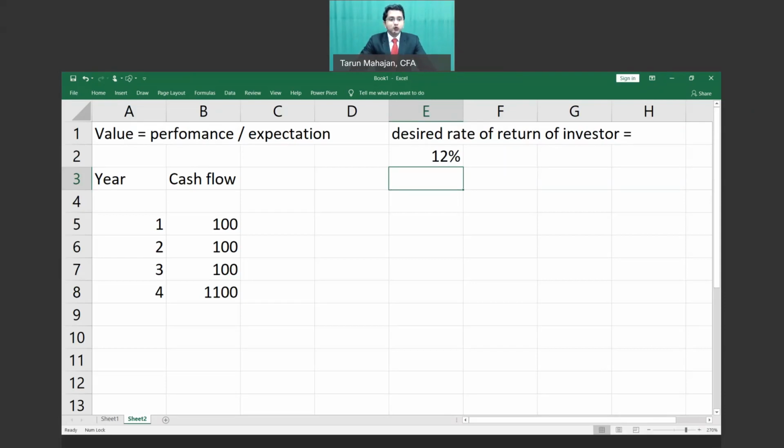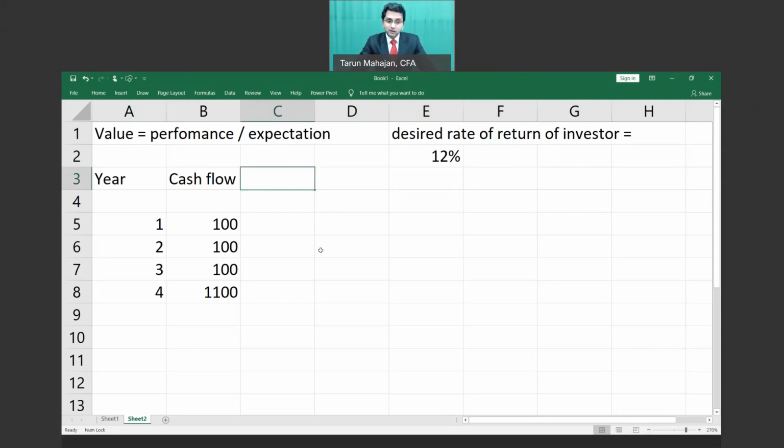And that's why without making any calculation, I can tell you that the fair value of this bond must be at a discount.